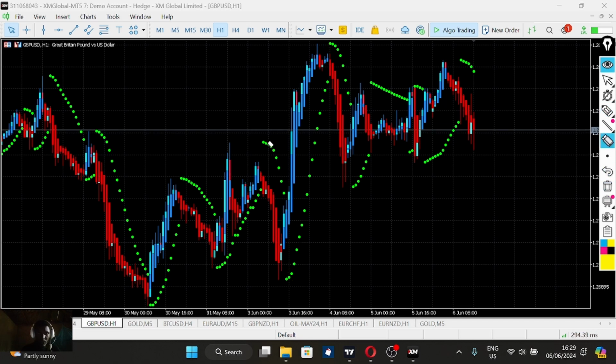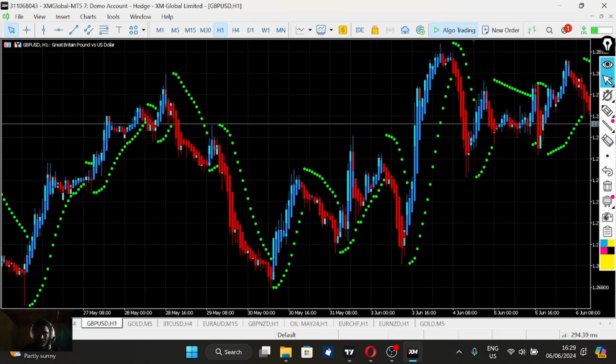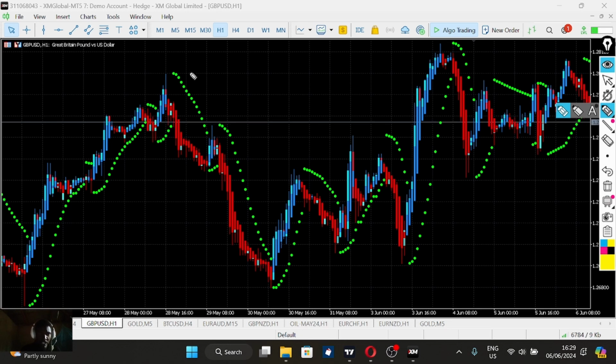Let's look for another example. Now, to identify that this is a downtrend, or a sell entry, we need to see a parabolic dot above the price, like here.